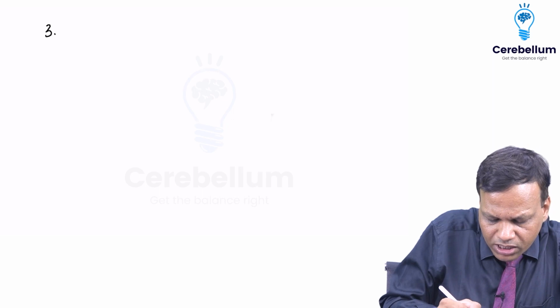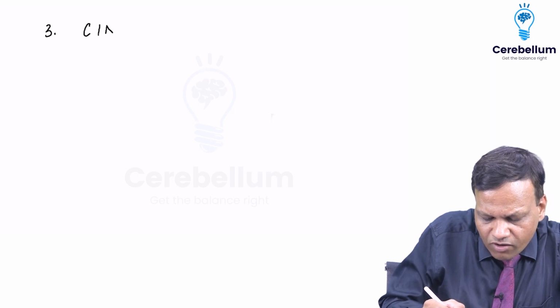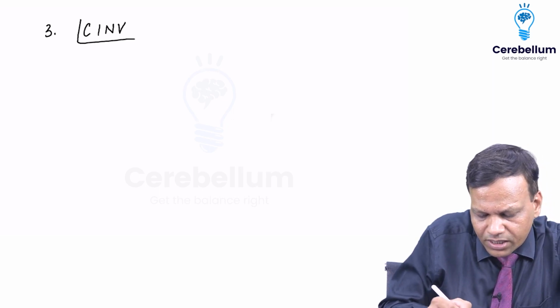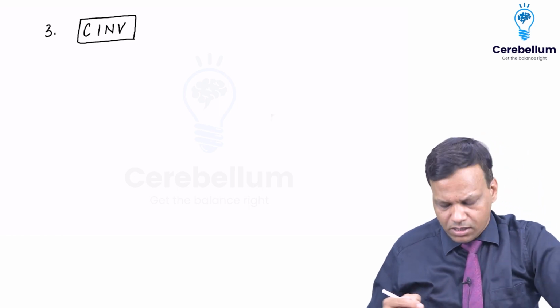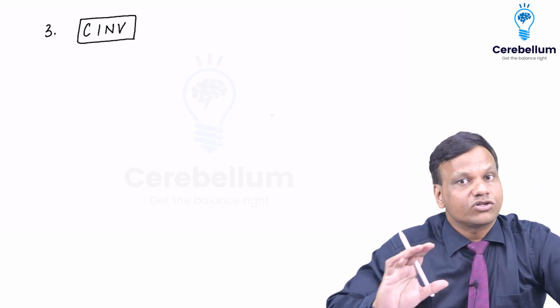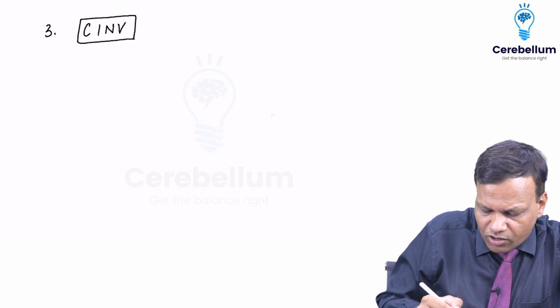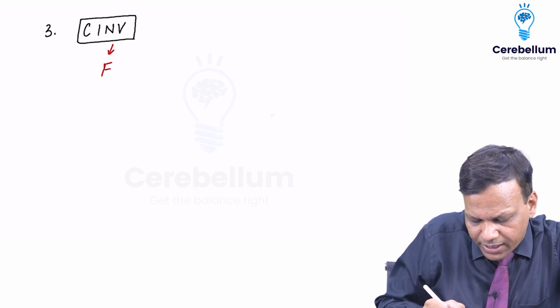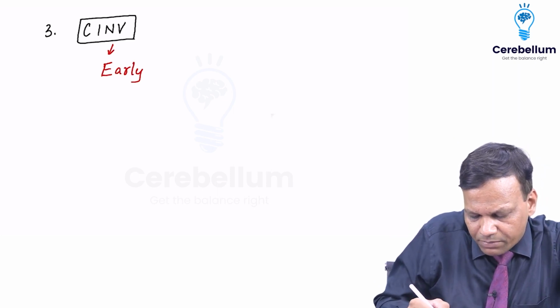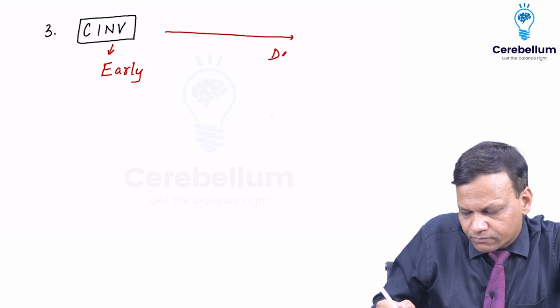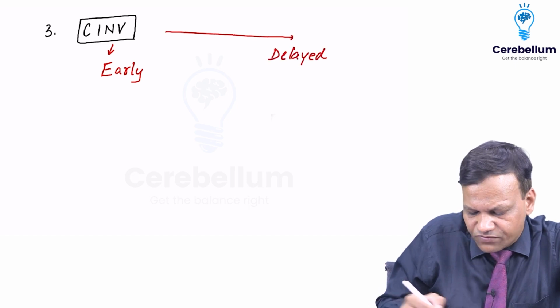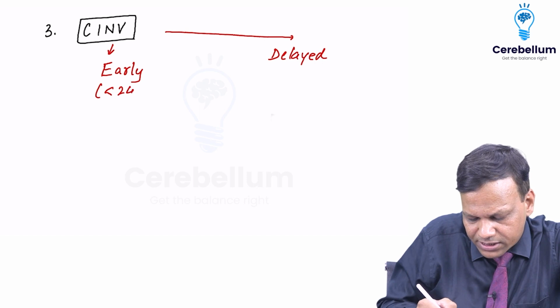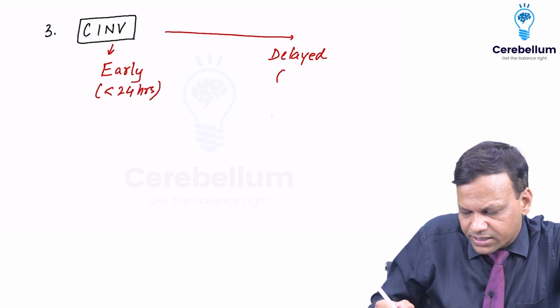Then coming to chemotherapy induced nausea vomiting. Anti-cancer drugs can cause nausea and vomiting, and this can be of two types. It may be early or it may be delayed. Early means if it occurs within the first 24 hours, but if it occurs late, it is delayed.